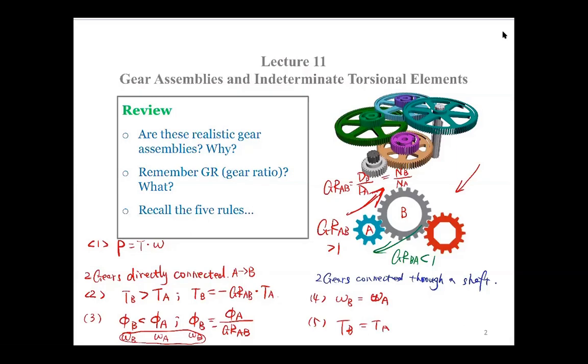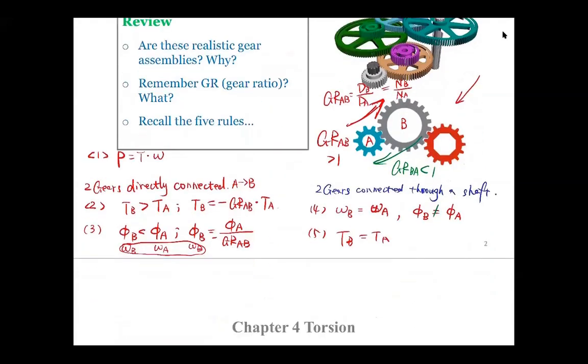But here we didn't say that phi B equals phi A. So this is incorrect. How could this be incorrect? We will analyze this in this section.